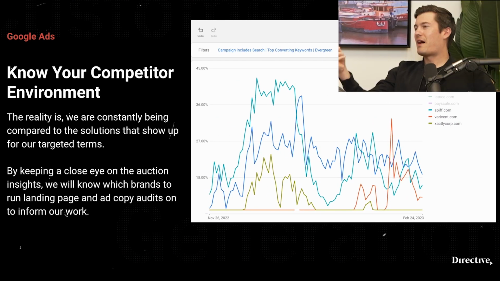In this example, what we looked at was Vericent. They're that orange line on the right where they started aggressively entering the auction and overlapping with them a lot as well. So we looked at their landing page specifically and compared it. What we found when doing that analysis is they were almost identical. Even their positioning, they were both talking about empowering your team.